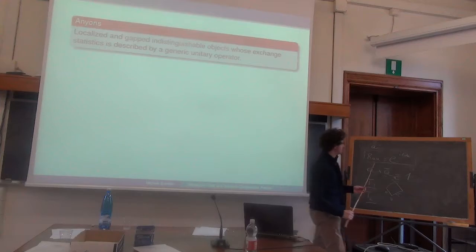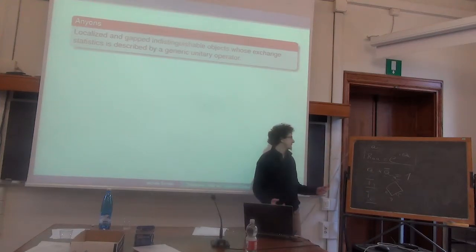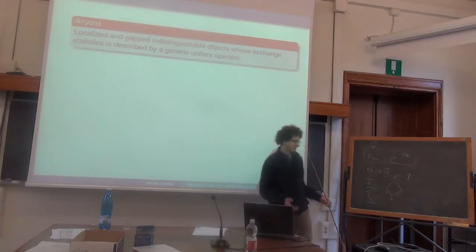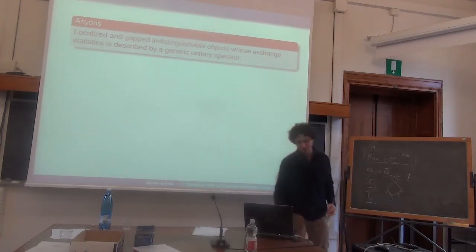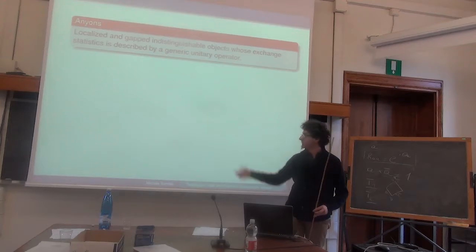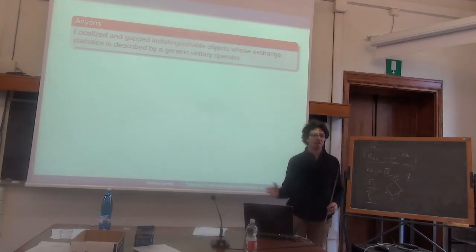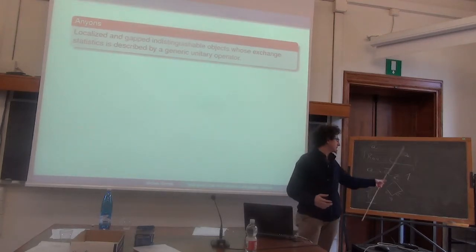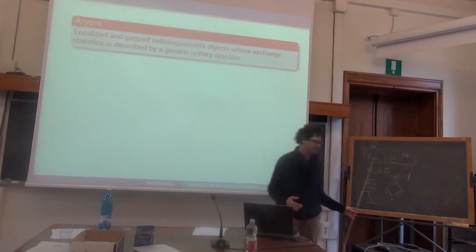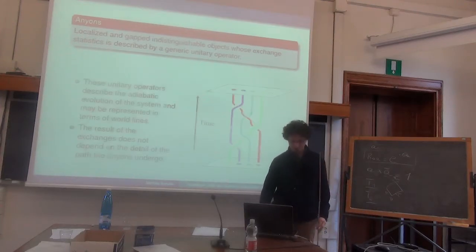For the case of abelian anyons, this non-trivial unitary operator is just a single phase, so it's a one-by-one operator, and it's not so interesting. But we will see that there are more complicated cases in which I have to include a bigger space, and it becomes a non-trivial operator.